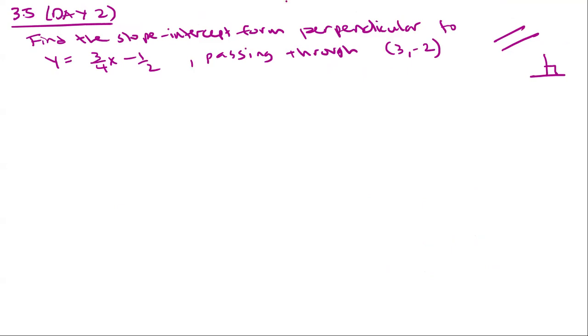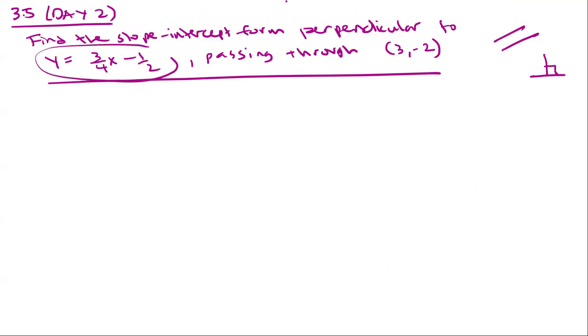Okay? So let's go back to here, right? So I want to find an equation in slope-intercept form that's perpendicular to this one here. All right. So what is the most important part we need to get from this equation? What's the most important part? The slope, exactly.